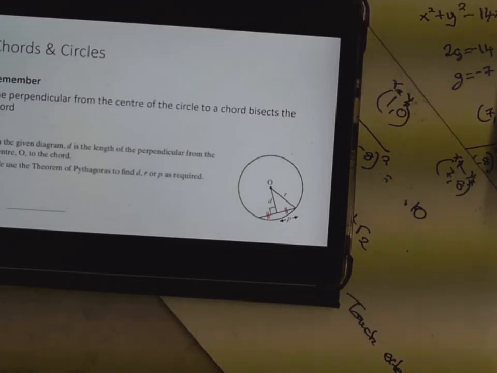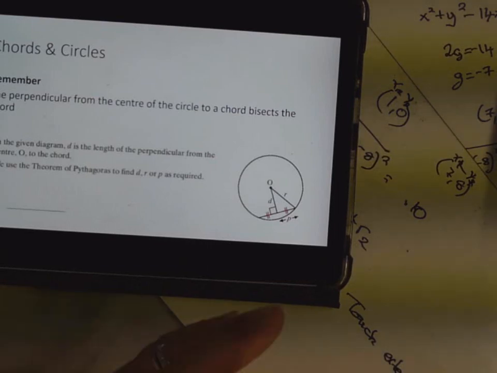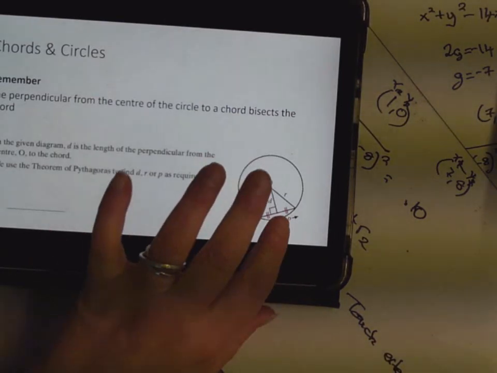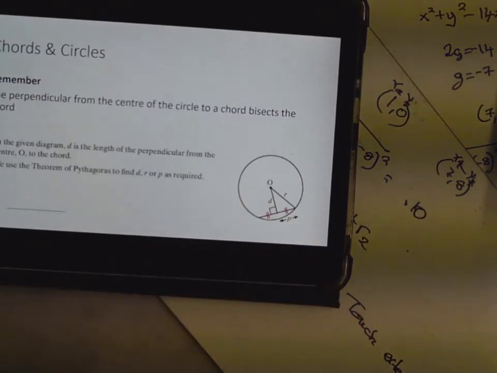Is that alright? So, once you have a right angle triangle, always mark the radii on the circles, because you mightn't spot that you actually know the length of some of the lines. Okay?